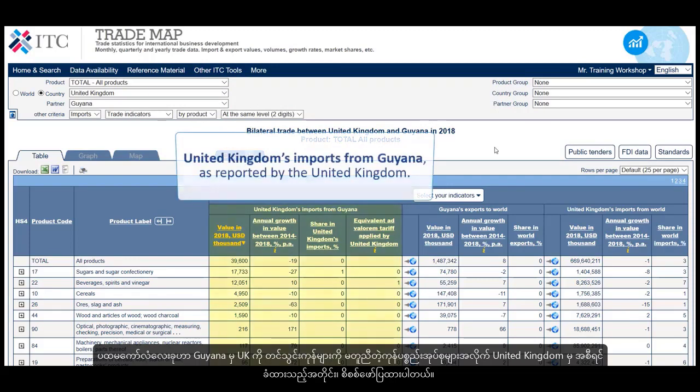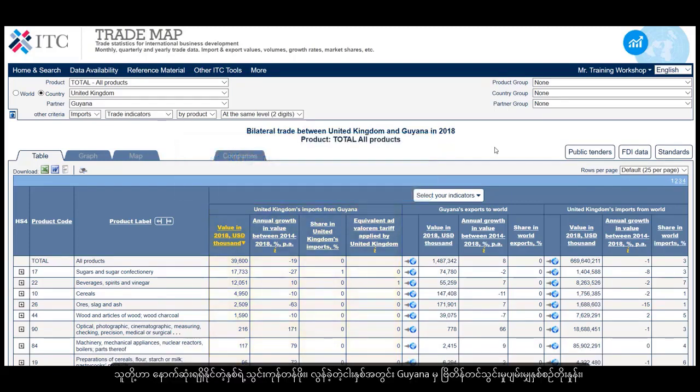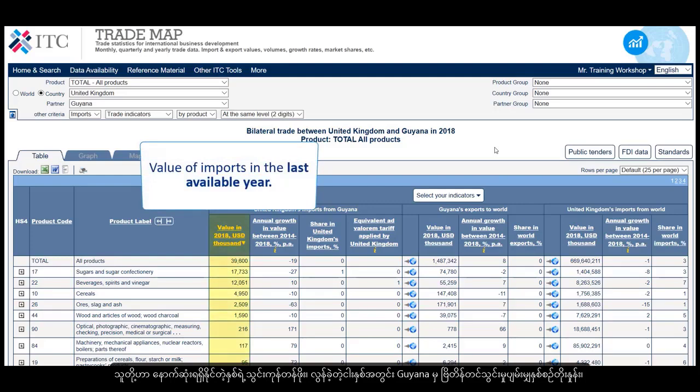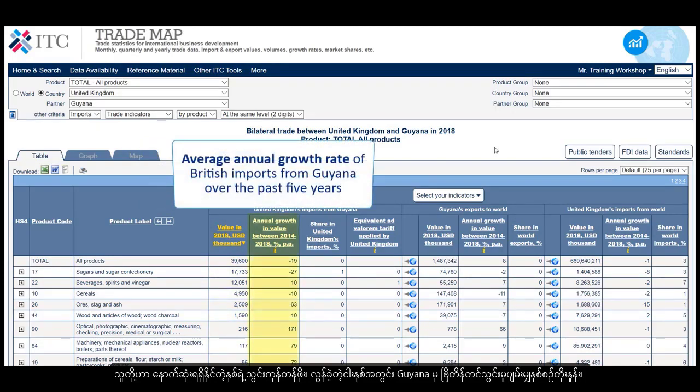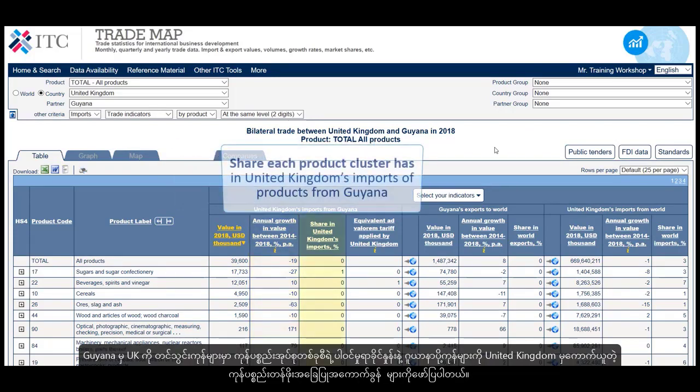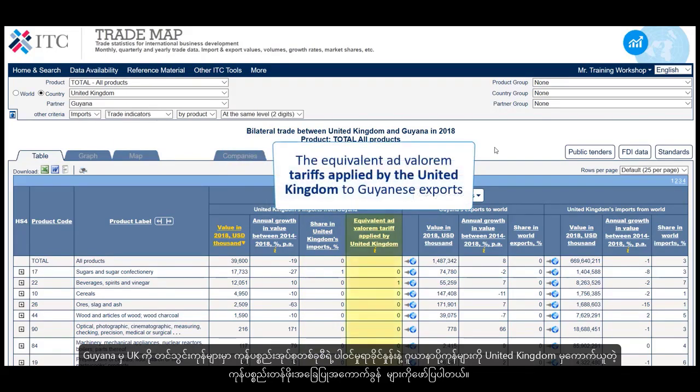The first 4 columns analyze United Kingdom's imports from Guyana, as reported by the United Kingdom for the different product clusters. They present the value of imports in the last available year, the average annual growth rate of British imports from Guyana over the past 5 years, the share each product cluster has in United Kingdom's imports of products from Guyana, and the equivalent ad valorem tariffs applied by the United Kingdom to Guyanese exports.